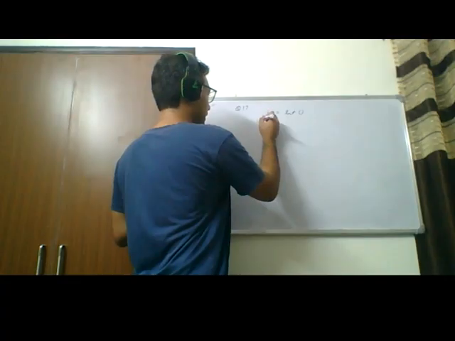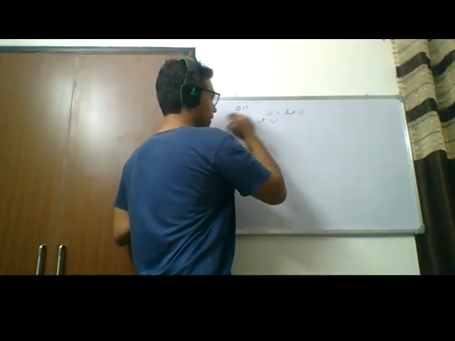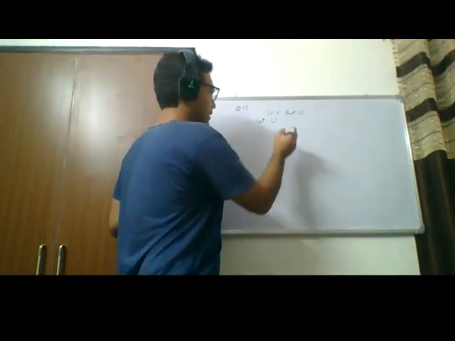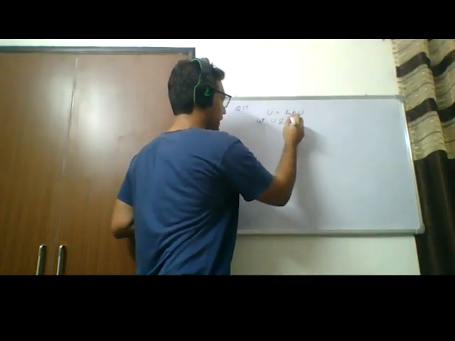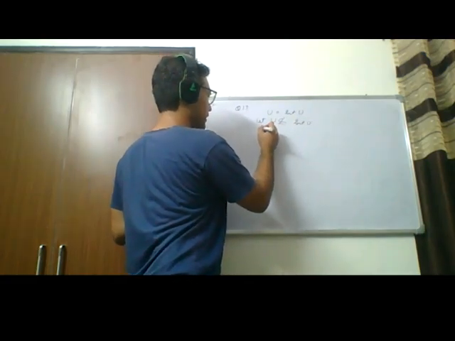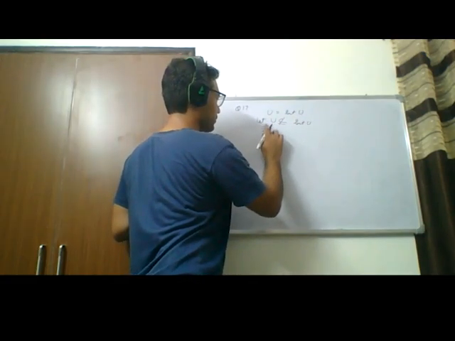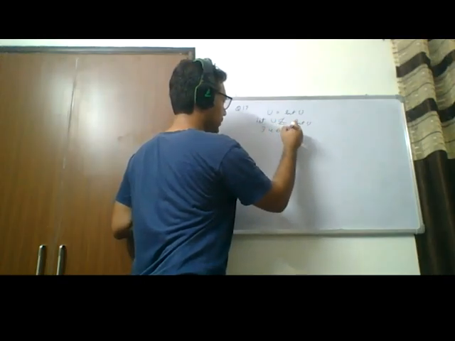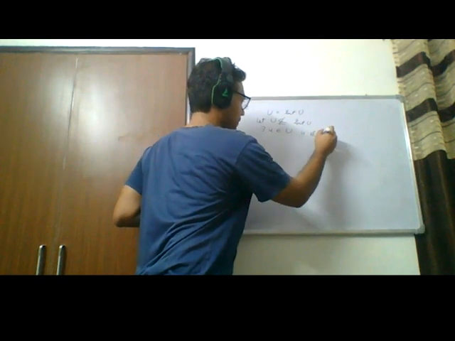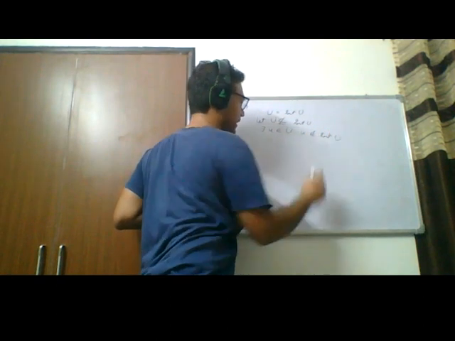So let U not be contained in the interior of U, right? This is only possible if there exists X in U such that X does not belong to the interior of U, right?